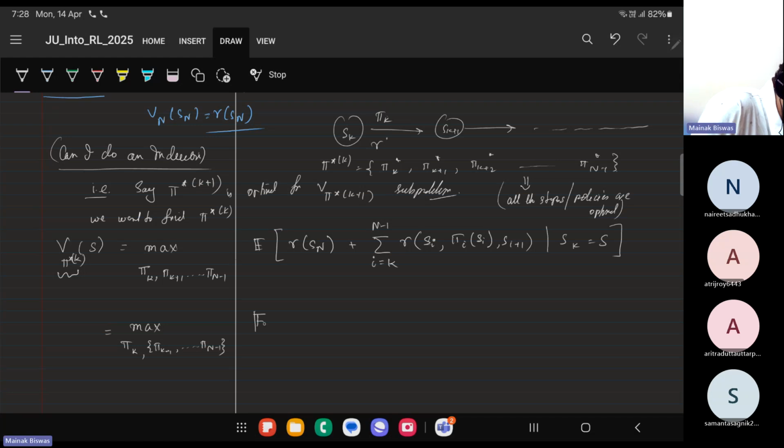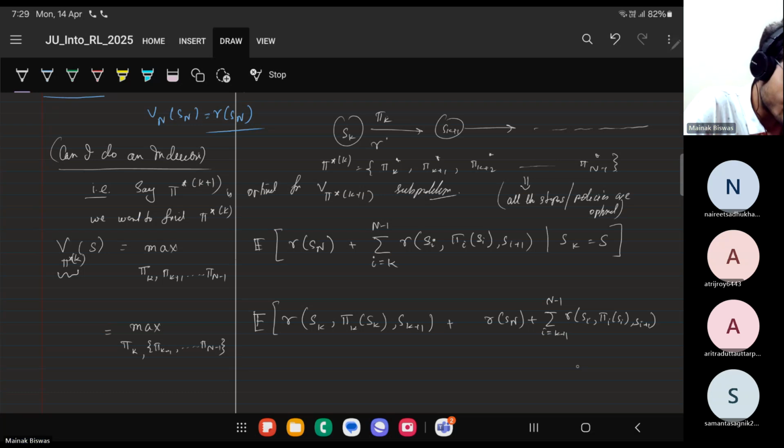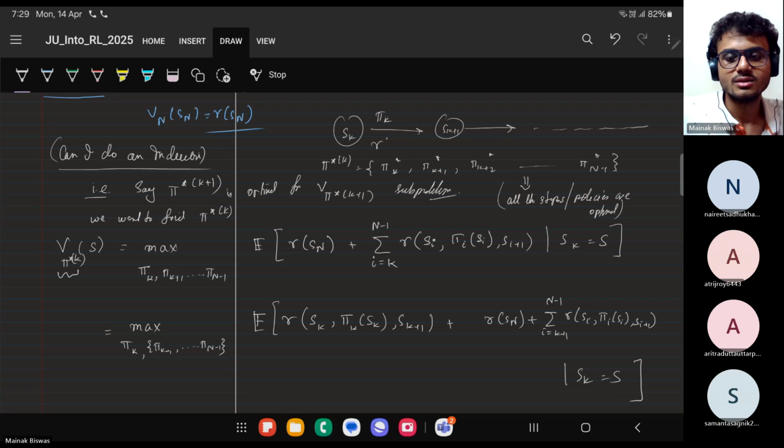There's a reason I put a bracket on this, but some hint. Can I write this as, I have already done this once, R of Sk, pi k of Sk plus 1, plus R of Sn plus the summation for i equal to k plus 1 to n minus 1 of R of Si, pi i of Si plus 1 given Sk is equal to S. This is the same thing, right?